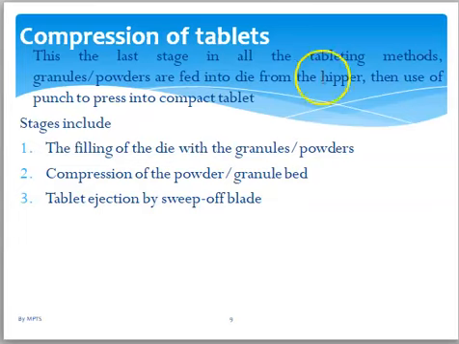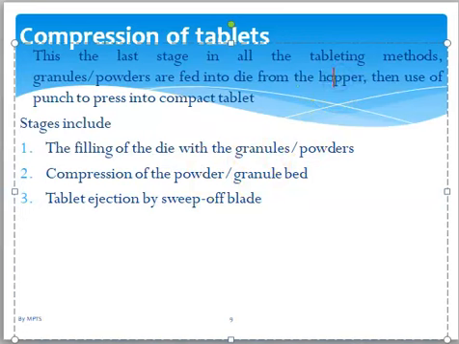Now, compression of tablets. If you download that video about compression of tablets, you can really see the stages on how the die fills from the hopper. This is from the hopper, and then the punch compresses it, compacts it into the tablet.